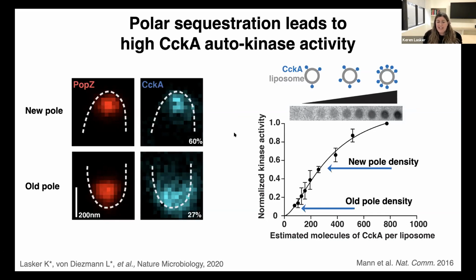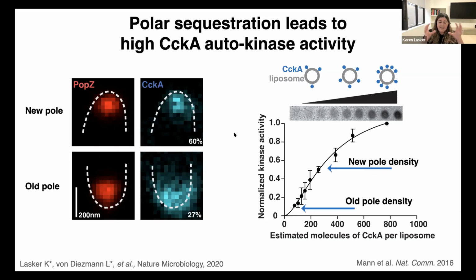What's really cool is that the concentration of CckA at the new pole microdomain matches what we see in vitro as being concentrated enough for autokinase activity. But everywhere else, the concentration is not sufficient for autokinase activity.